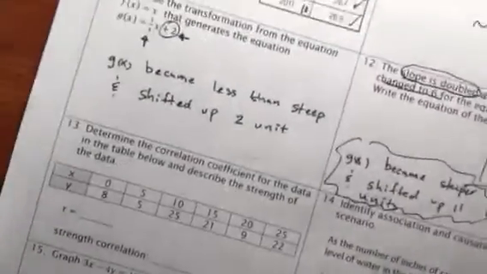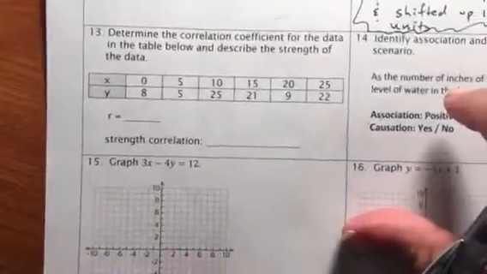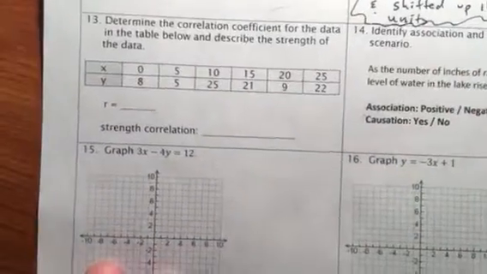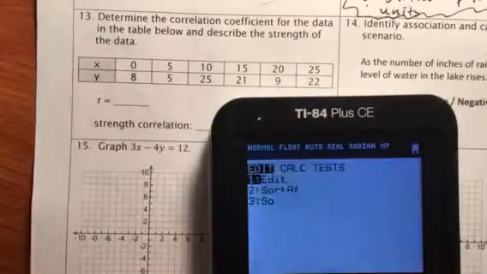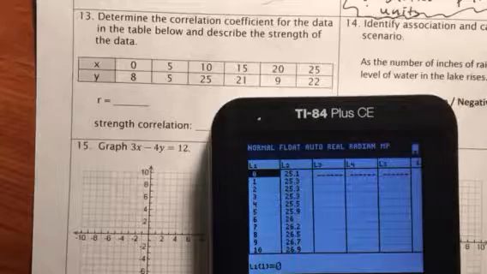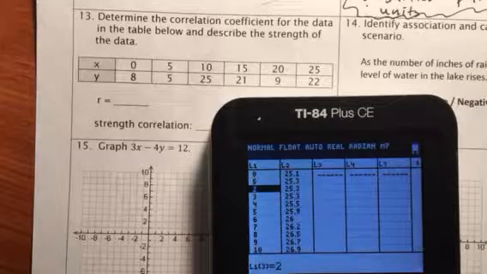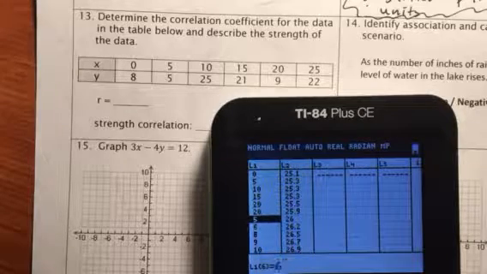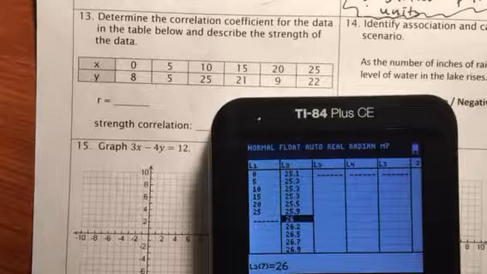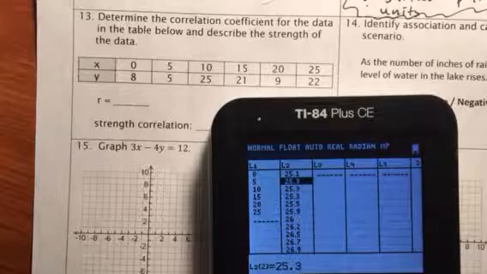Alright, so number 13, this is the one that I told you that we would need the linear regression. So we have to use our calculator on this. You can actually do it by hand, but it's extremely difficult. There's a very long formula for it.